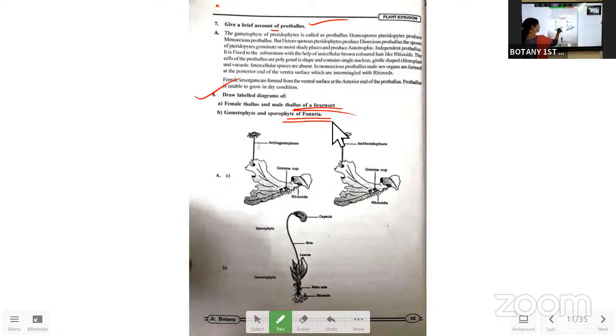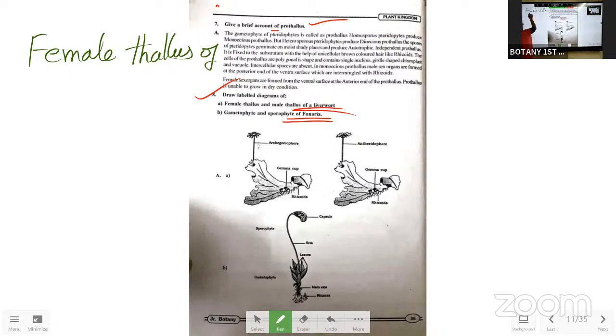If you cannot draw in the simple way, now I am showing the female thallus and male thallus of liverwort. First of all, we'll go with the female thallus of liverwort. Liverwort, example, Marchantia. Give the plant name over here.